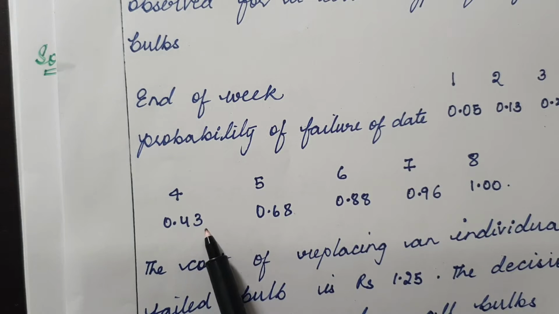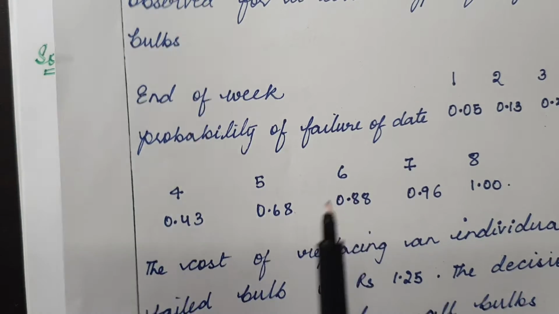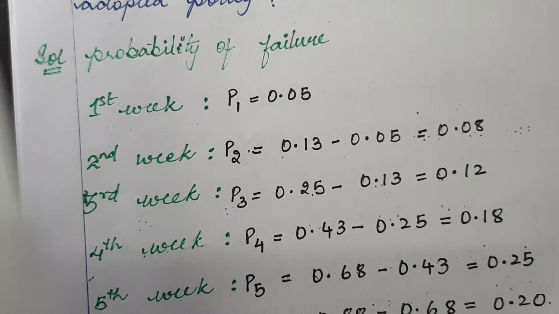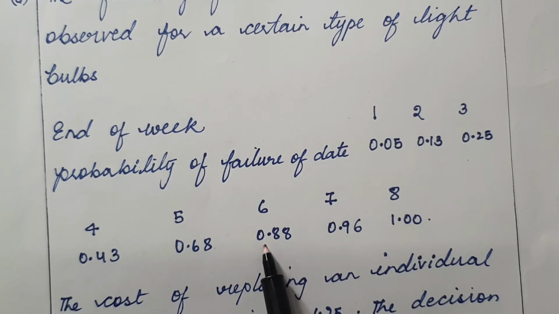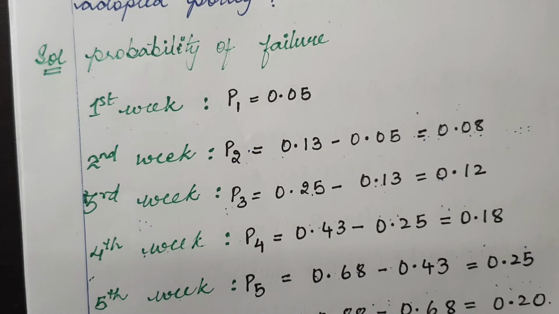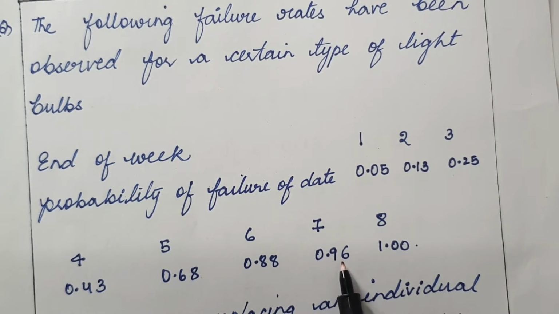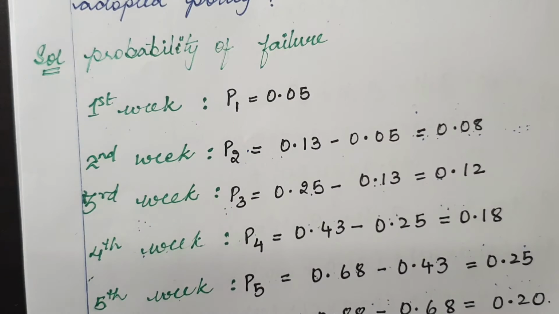If you want to find out the probability for the sixth week, it is 0.88 minus 0.68. For the seventh year, 0.96 minus 0.88.